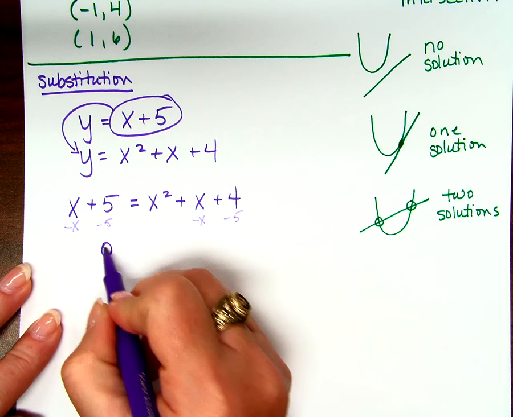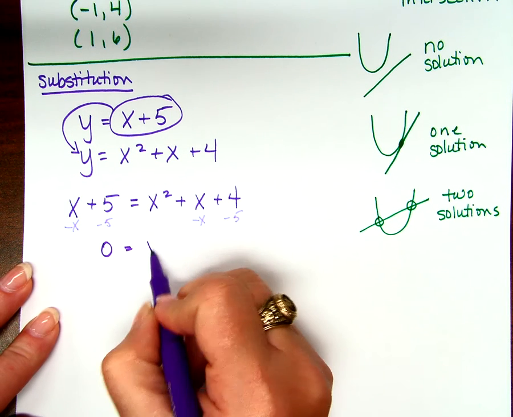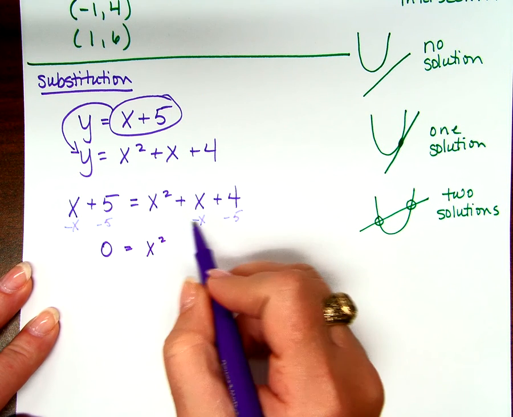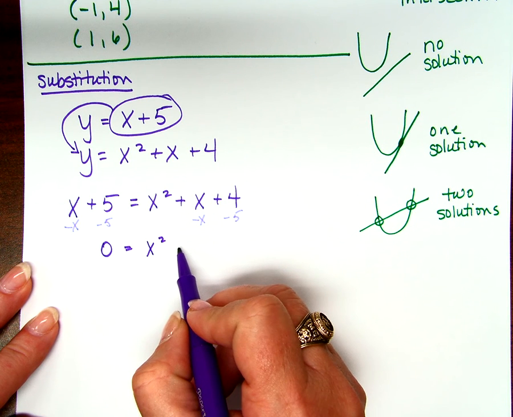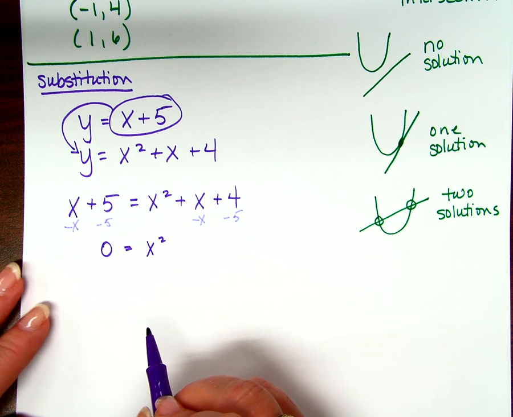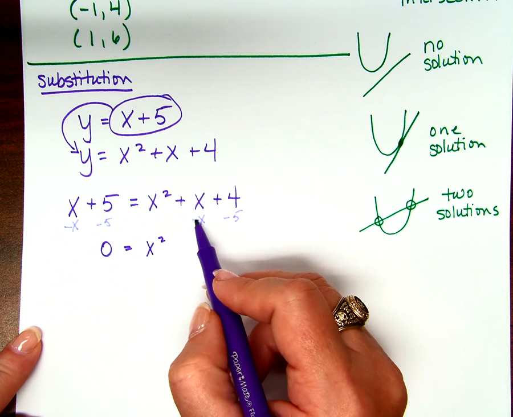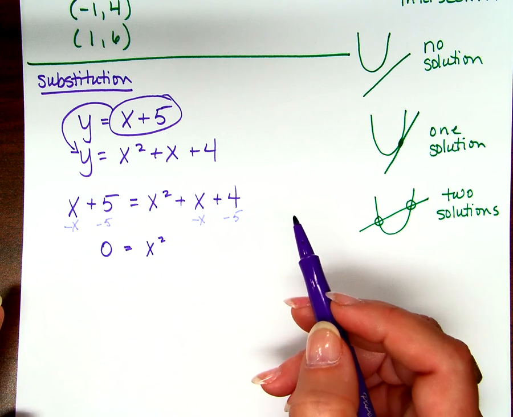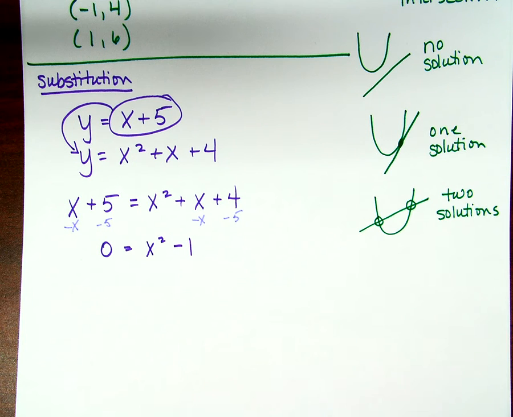So 0 equals what? X squared. Ooh, that's nice, right? Well, this is an x and a minus x, so that would just be 0, right? Minus 1.